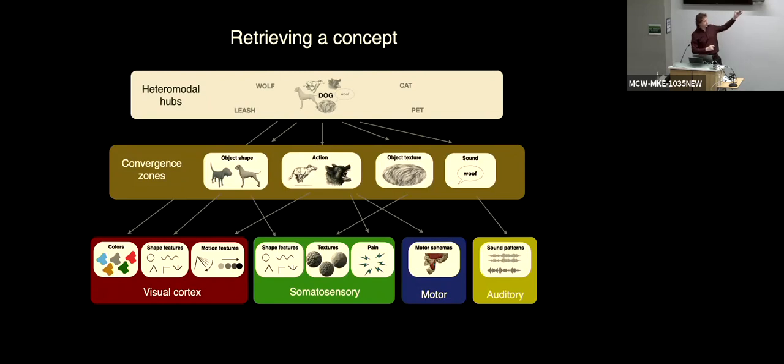And the extent to which this activation spreads down from the multimodal hubs to the modality specific areas depends on the task, on how much detail you need to retrieve from memory about that concept.